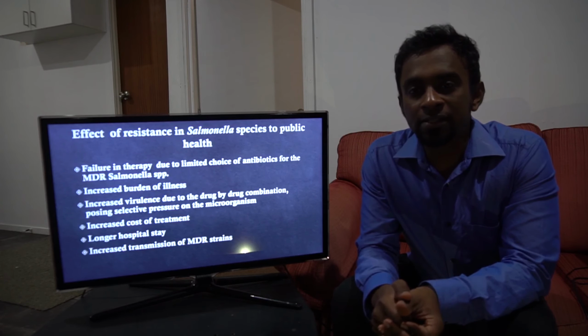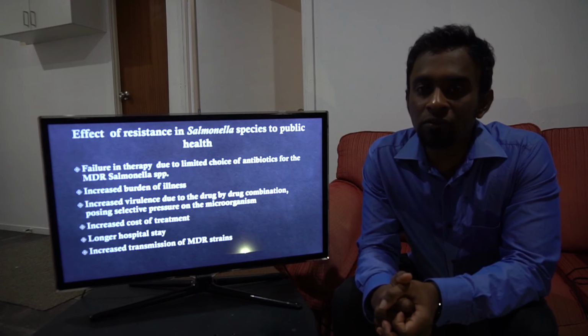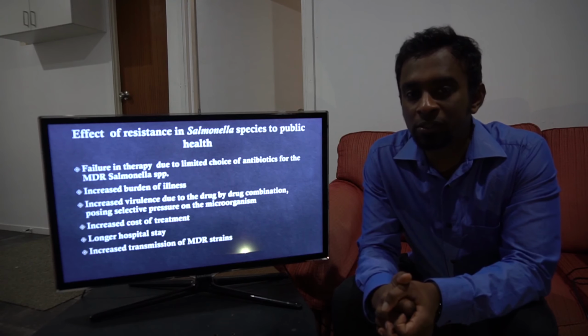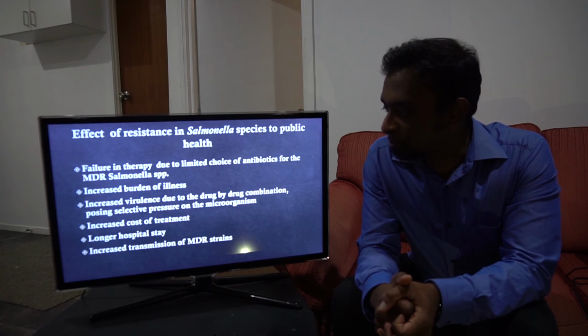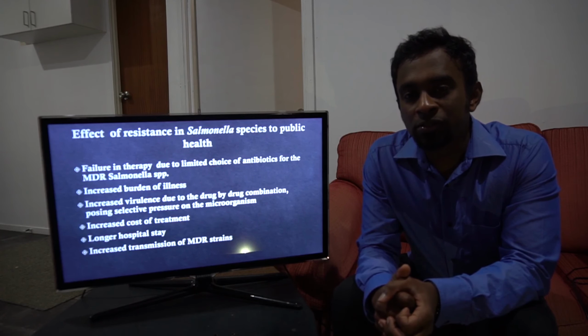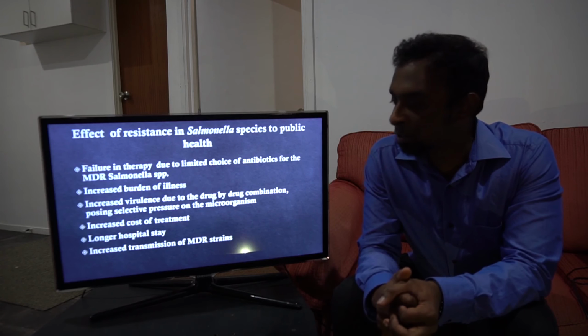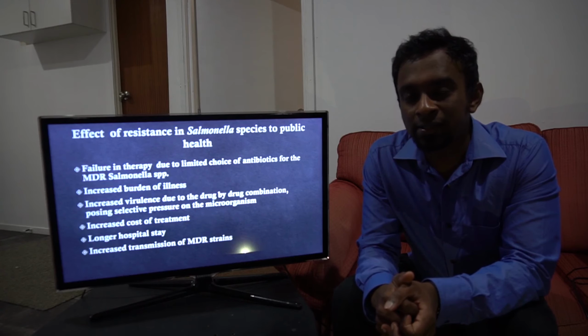Increased cost of treatment: these kinds of infection increase the cost of treatment in the hospital sector due to the high price of sterile products and injections as well as the treatment. Longer hospital stay: this will lead the patient to stay in the hospital too long. And finally, increased multi-drug resistant strains.